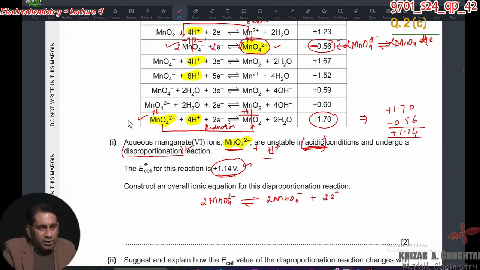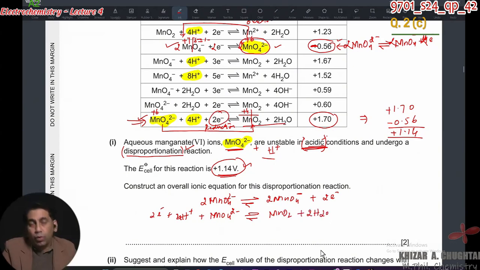The second equation I'm using as such: MnO4 2 negative plus 4H positive ion and 2 electrons goes to MnO2 plus 2 moles of H2O.